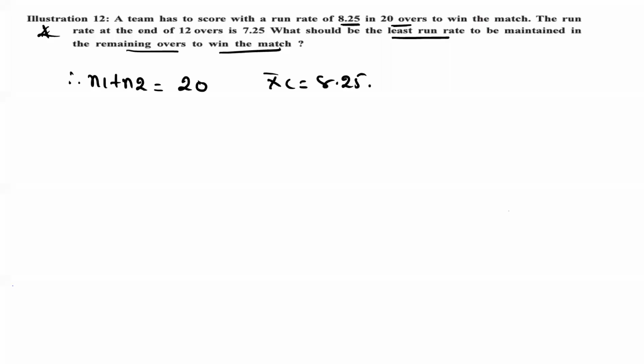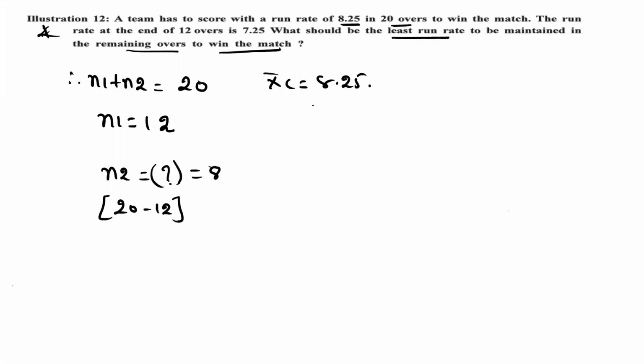The run rate at the end of 12 overs. 12 overs means, can I say n1 is equal to 12? Yes. How to find n2? 20 minus 12, it comes 8.